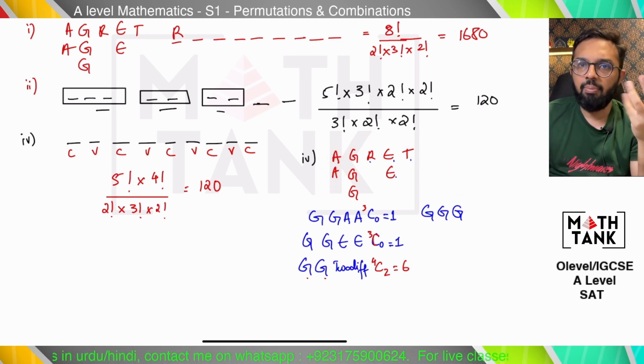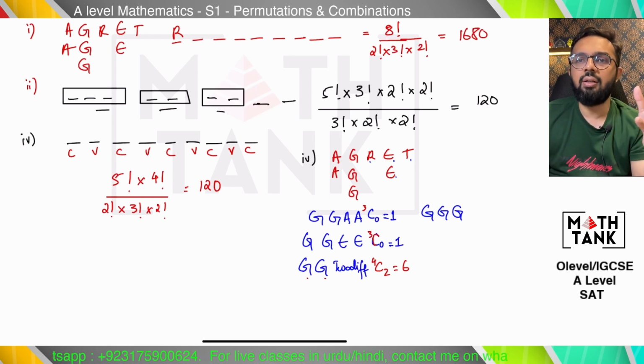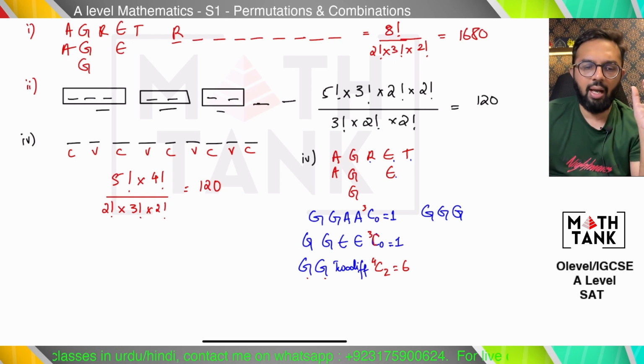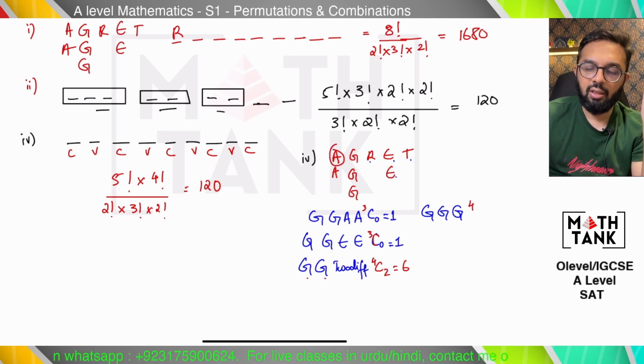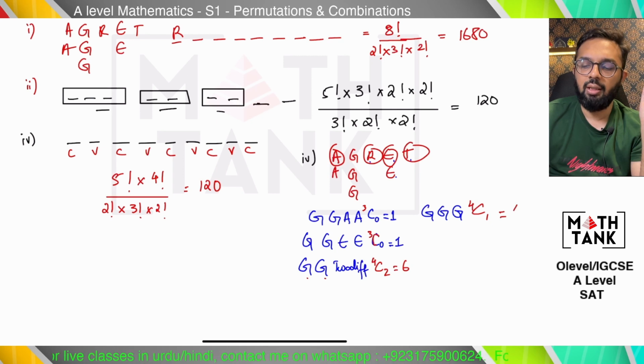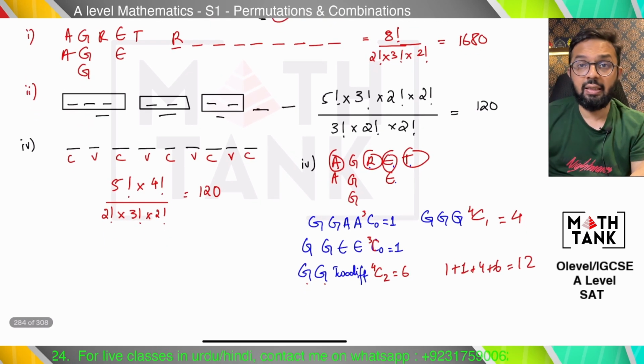They are the same letter, so they don't create a different combination of letters. So there are four different letters available to me, A, R, E, and T. So 4C1, that gives me 4. What is 1 plus 1 plus 4 plus 6? That gives me 12. Hopefully that is the correct answer. Yes, that is the correct answer.